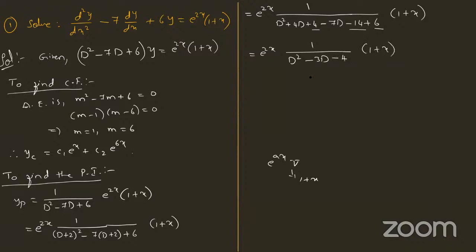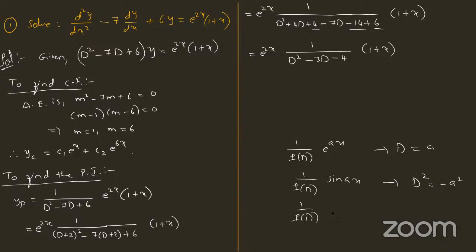Understand, 1 plus x is a polynomial. When you have a polynomial on the right side, we have three cases which you should not forget. When it is an exponential function like 1 by f of D into e power ax, we simply substitute D is equal to a. If it is like 1 by f of D into sine ax or cos ax, we simply substitute D square is equal to minus a square. But if it is a polynomial function like x to the power of k, then we take the lowest degree term common.